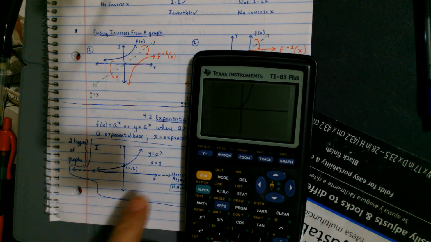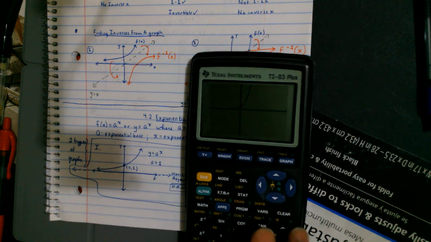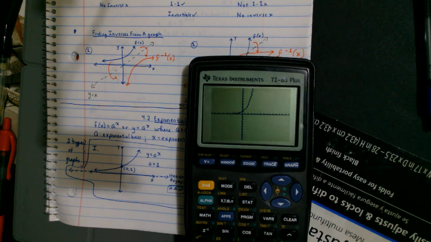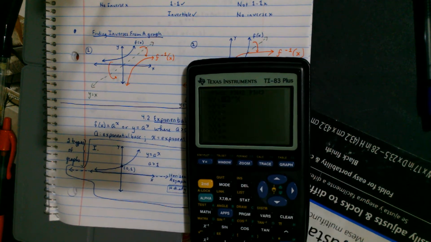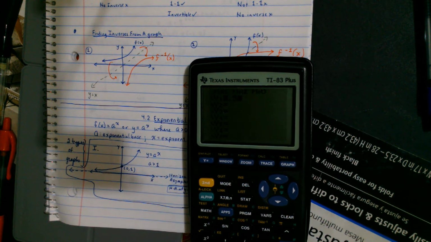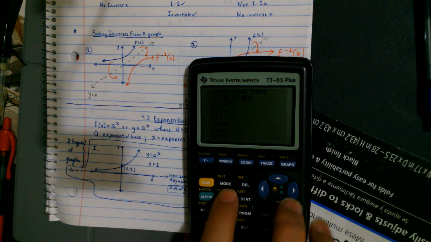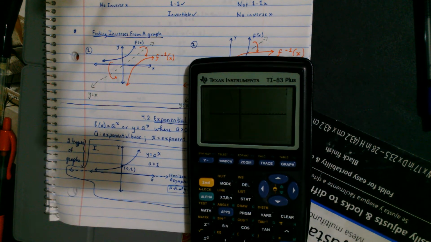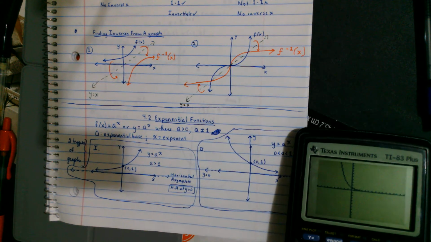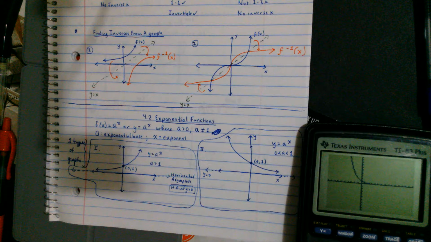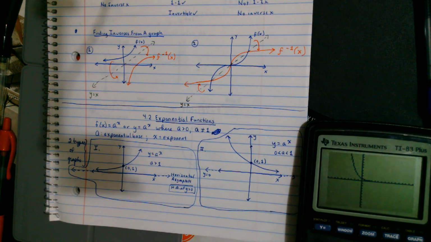That's kind of this picture right there. See? That's the base bigger than 1. Now, if the base is less than 1, let's say 0.5, notice how it goes downward, it decreases. Hence your second picture. So as long as the base is less than 1, it decreases.